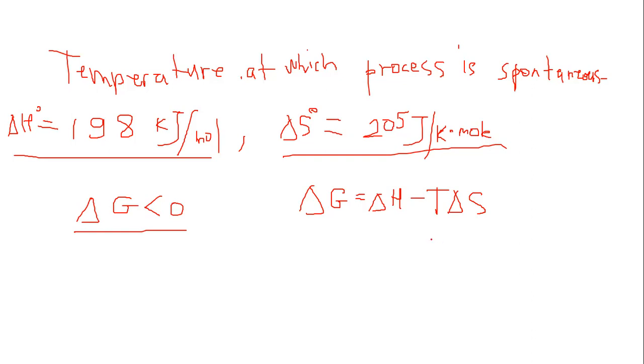We need to find the temperature at equilibrium. So when we have equilibrium, T equals delta H per delta S. No, again, let's say the same thing. I asked you when the process is spontaneous.